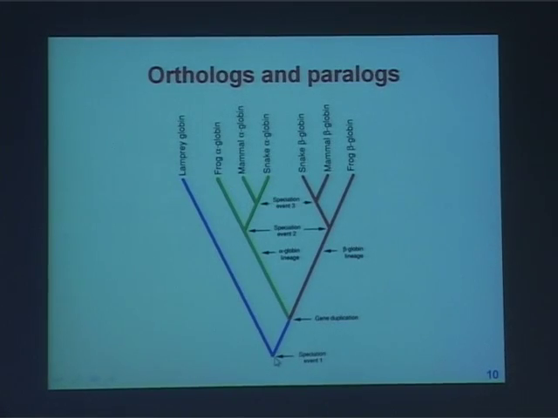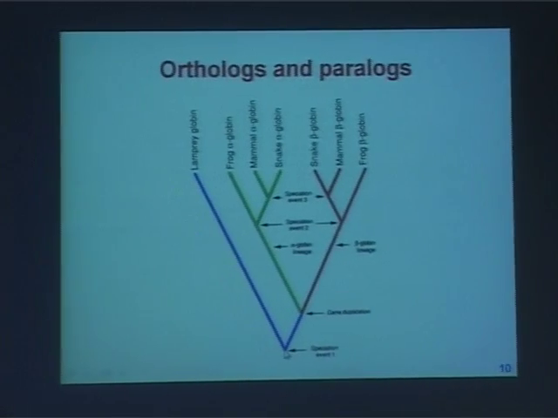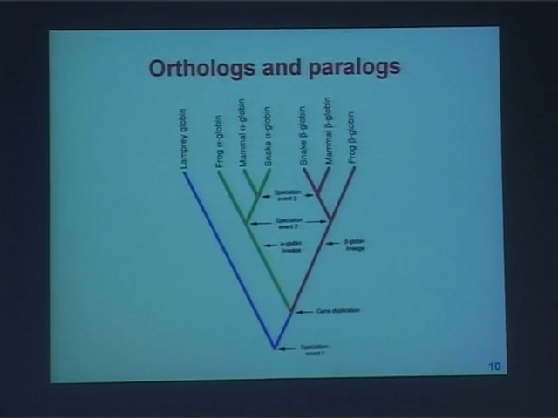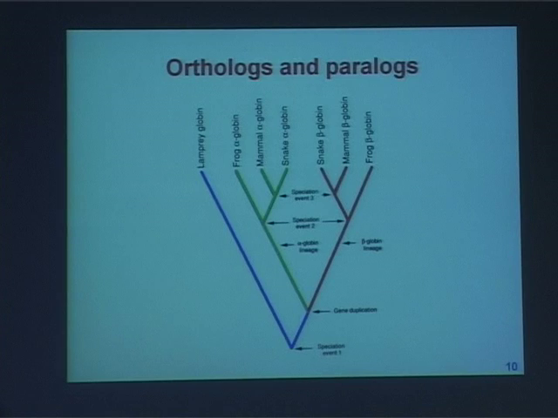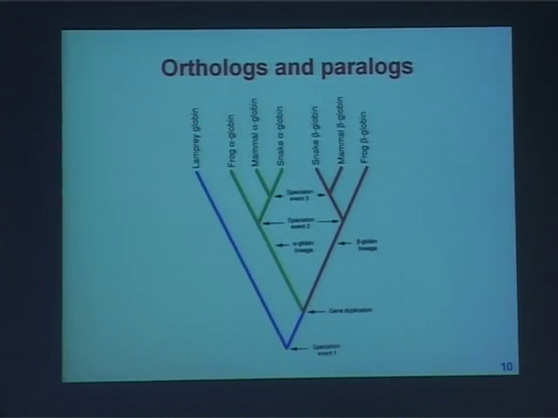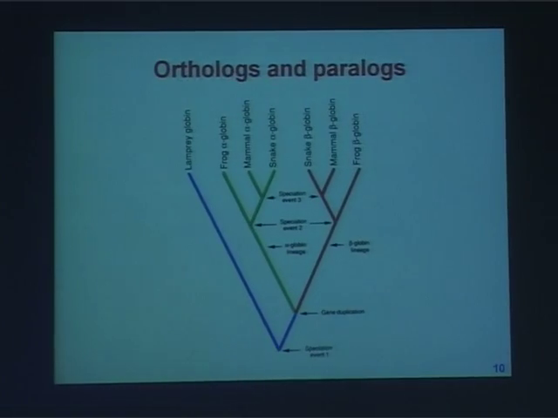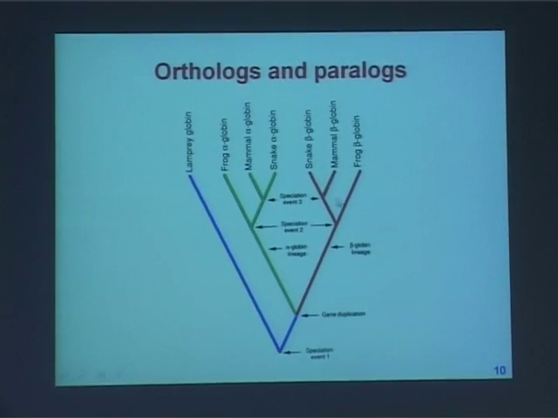And here, at each branch, we have an evolutionary event. This event can be a speciation event. A speciation event causes these two branches to become two different species. This gene is copied into this organism, it becomes a different species, this branch, and the other branch becomes another species.